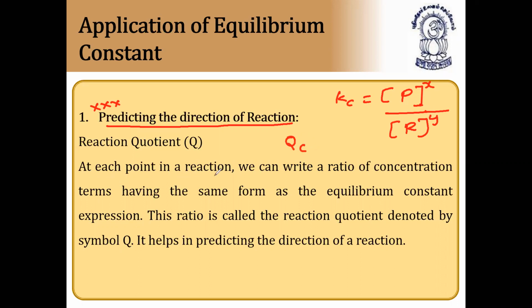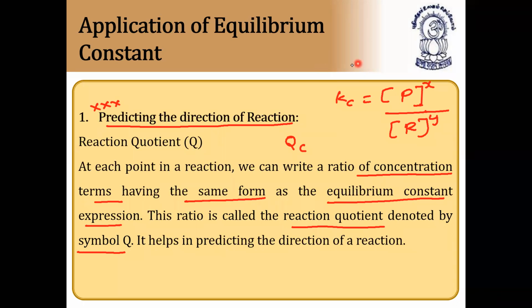At each point in a reaction, we can write a ratio of concentration terms having the same form as the equilibrium constant expression. This ratio is called the reaction quotient, denoted by the symbol Q. Based on the Q value, we can predict whether the reaction is taking place in the forward direction or backward direction, or whether the reaction is completed or does not take place.